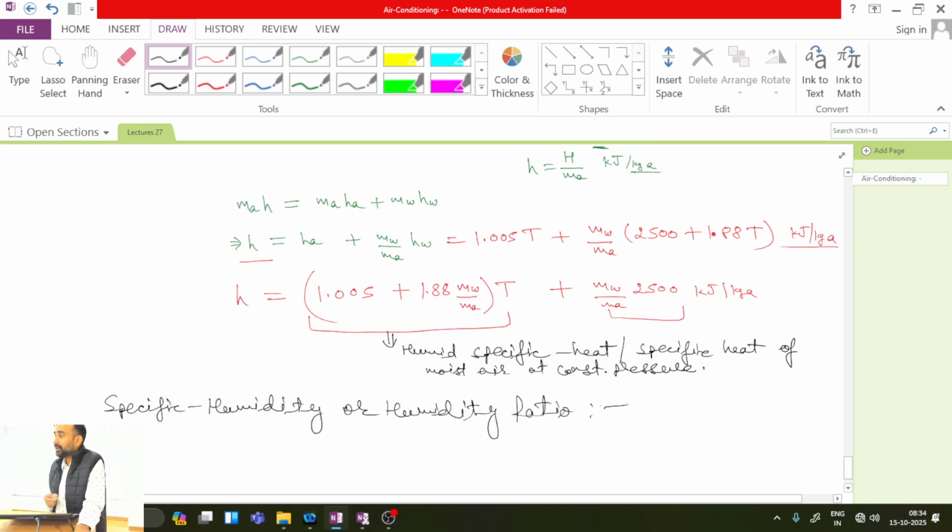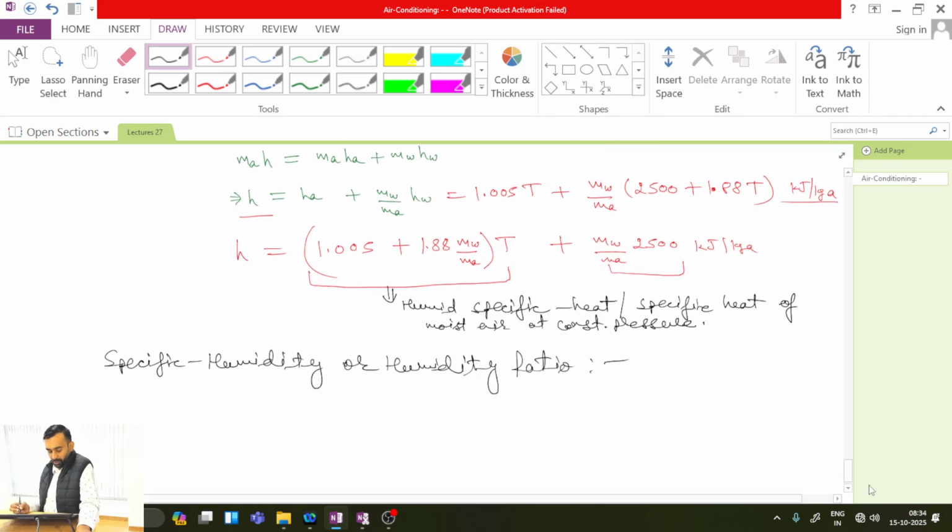So there is one property while dealing with moist air which is called either specific humidity or humidity ratio.